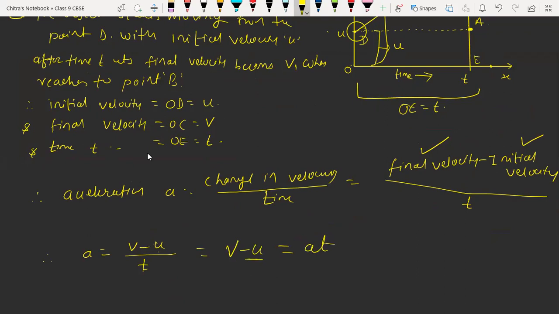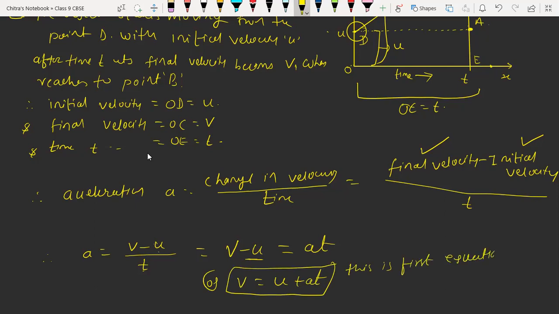It is in minus form, so it will go in plus form. So we can write v equals u plus at. This is our first equation of motion.